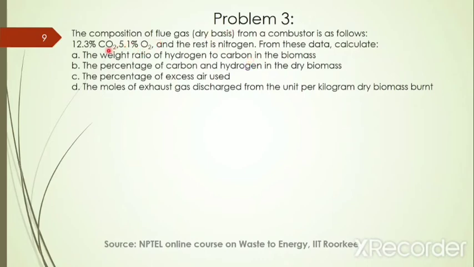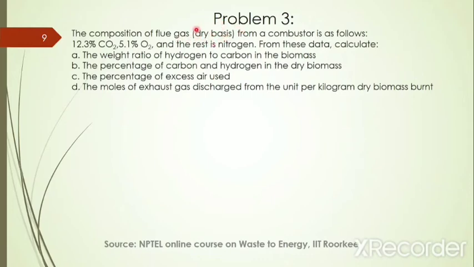In this, the flue gas composition is given, and we have to find out the composition of biomass, not like the previous problems. In the previous problem, the biomass composition was known, and we had to find out the flue gas composition, but here the flue gas composition is given on dry basis.